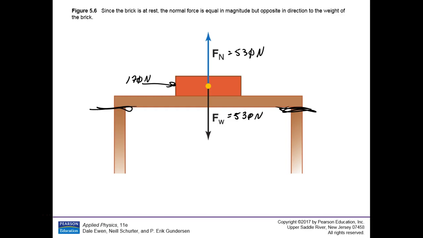Now, if it just keeps it sliding without increasing or decreasing the speed, that means the frictional force must be opposite to the motion and also 170 newtons. Because if it was anything less, then it would be accelerating, right?